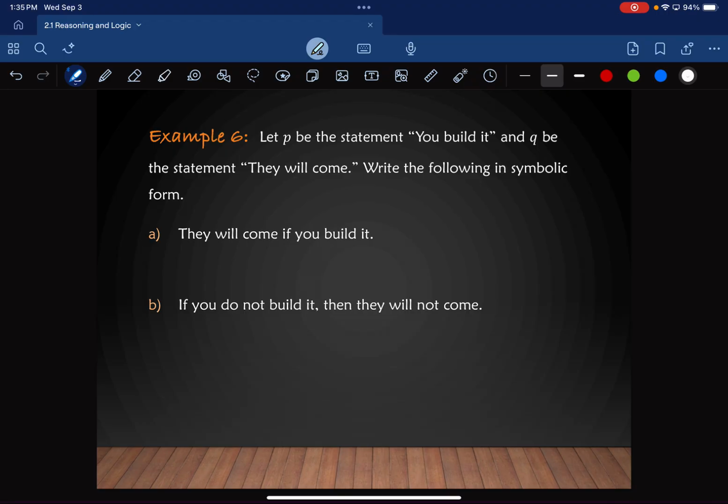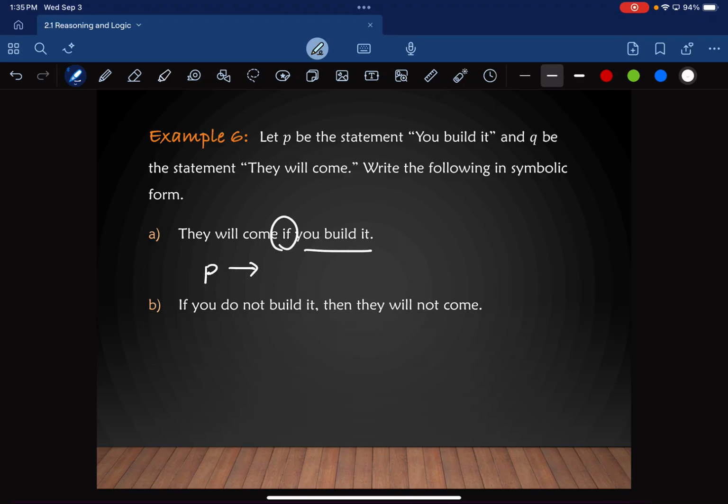And we're going to take these statements and we're going to rewrite them. Notice on the very first one, though, the if is not at the beginning. Do y'all see that? It's in the middle. Well, if the if is in the middle, we still start with the if when we're rewriting it. So this if and what follows is still the beginning of my statement. If you build it, that's the first piece, even though it's occurring in the middle, and we put it at the beginning.